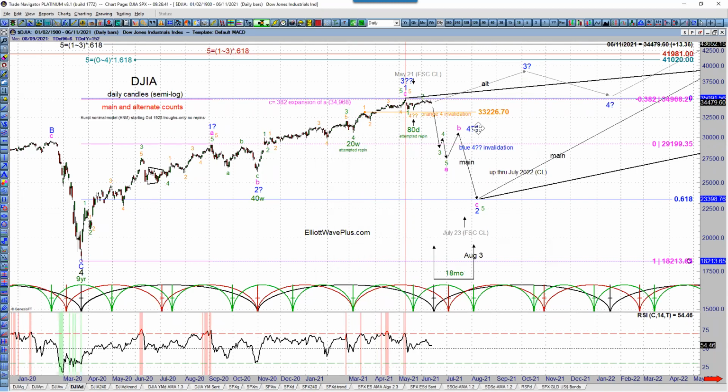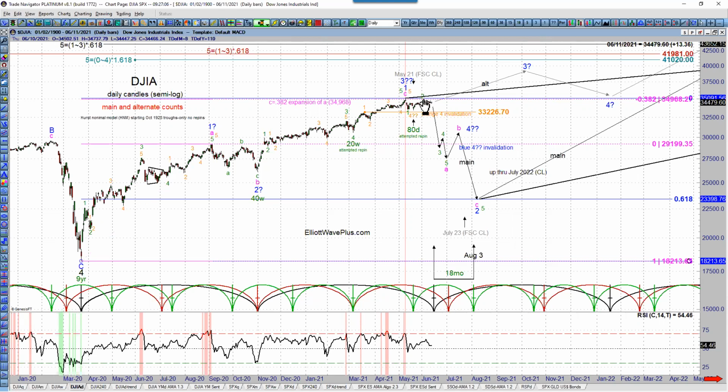The thing about that is that would bring in the top in the markets probably by the end of the year, or maybe the first quarter of next year, because with the wave 3 shorter than wave 1 was, then wave 5 would have to be shorter than wave 3 was.